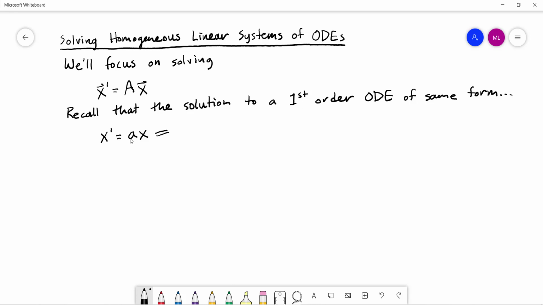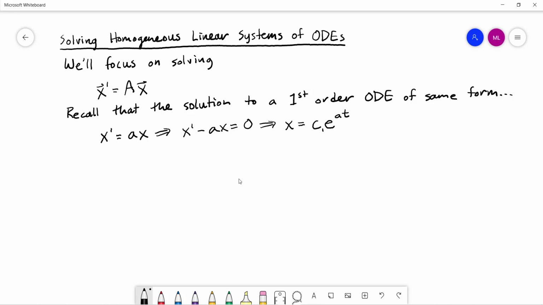We could rewrite this as x prime minus ax equals 0, and we could use an integrating factor, or we could separate by dividing by x and multiplying by dt and treat it as a separable equation. Either way, we get exponentials for our solutions. The solution winds up looking like some constant times e to the at. I'll call it constant 1.